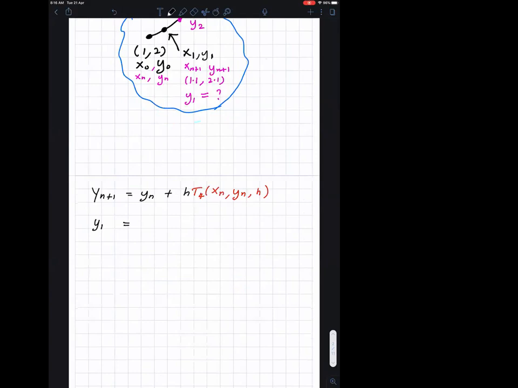To find y1, n plus 1 is 1, so y n must be y naught. y1 is y naught plus h times T4 of x naught, y naught, and h.